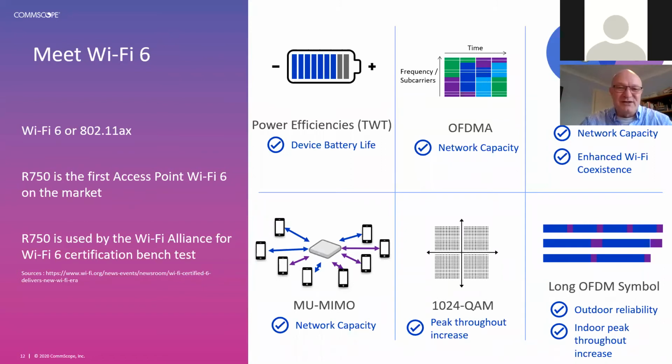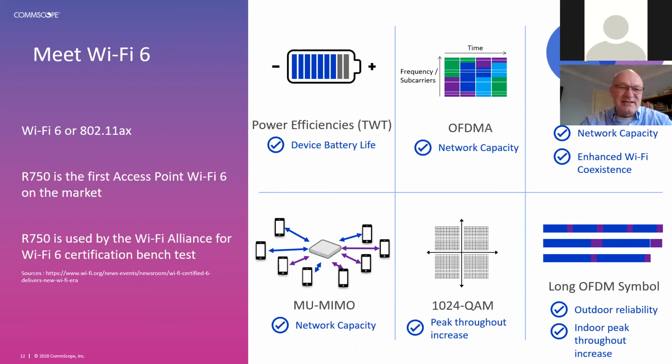But we do have customers in many verticals that are looking towards Wi-Fi 6 as both a latest and greatest, fastest speed kind of capability, but also future-proofing. If they're making a decision now, we're seeing a lot of customers who want to make a decision now that is future-proofed for quite a few years ahead, in which case Wi-Fi 6 is one of the things they're looking at to be able to invest in right now.